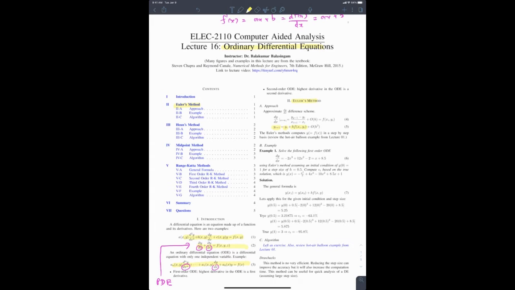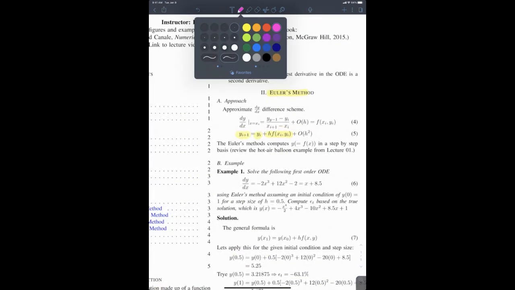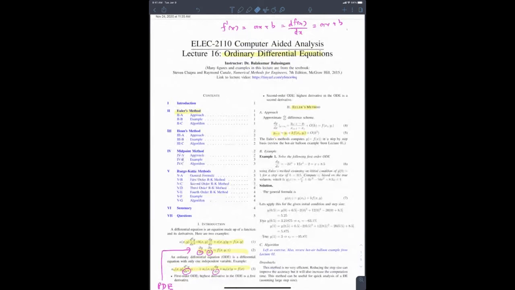Probably it's in the textbook, but it's a very simple equation: y_{i+1}. So if you have a function, what is a differential equation? Probably I should have shown the differential equation we are showing. Where is that? Okay.